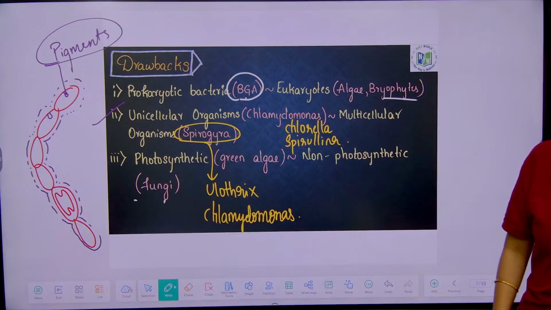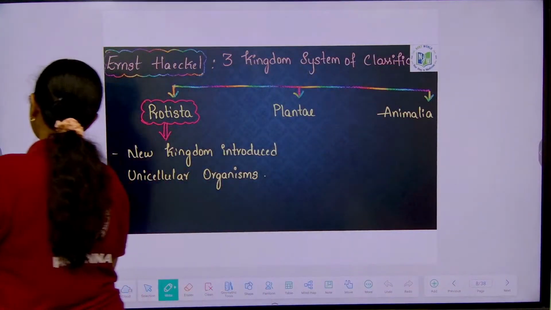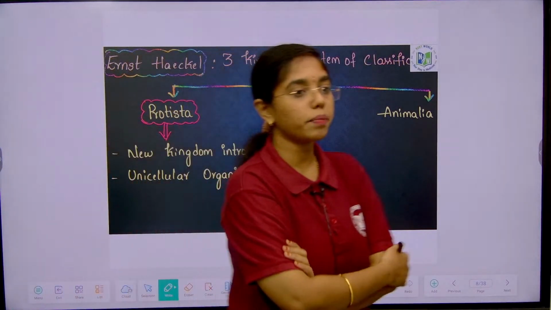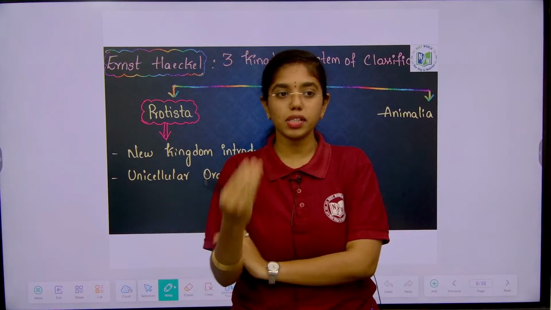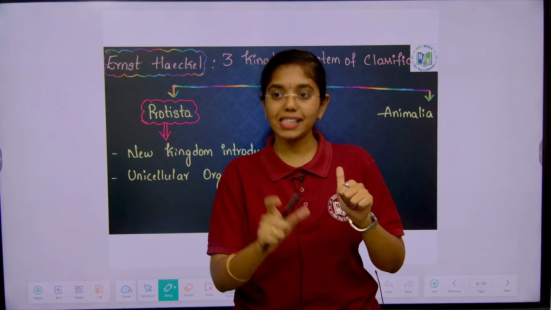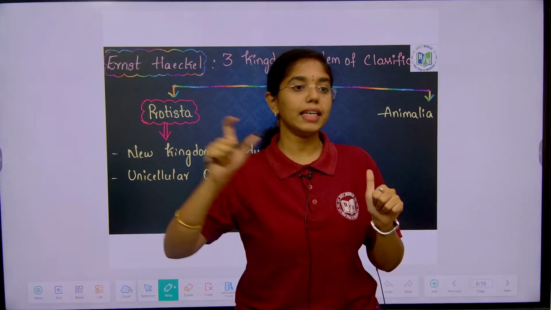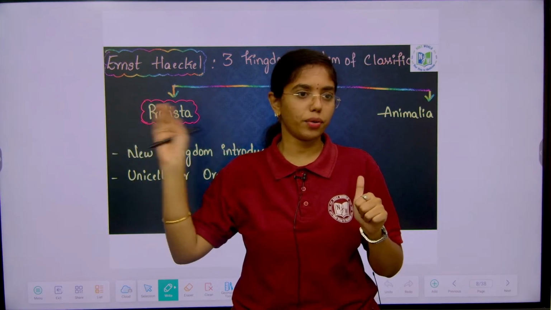Done? Next, the three-kingdom system of classification. So, what are the two kingdoms we have learnt in the two-kingdom system? Plantae and Animalia. Can you give me the exceptions from your side? Prokaryotes placed along with eukaryotes, example blue-green algae; eukaryotes you can take anything, algae, bryophytes, pteridophytes.